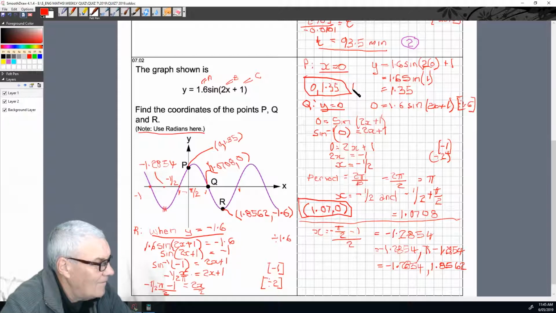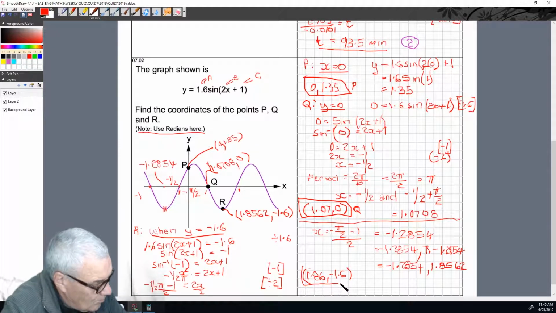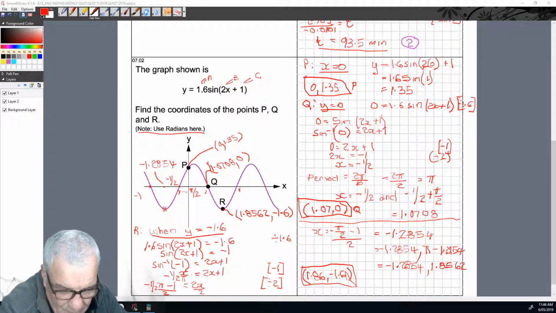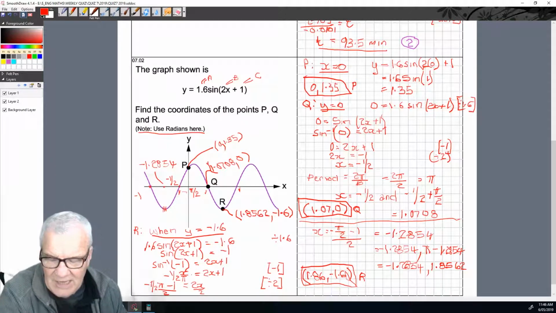That's P there, that one. This is Q. And then 1.86, minus 1.6, that is R. Okay, so that's that one done.